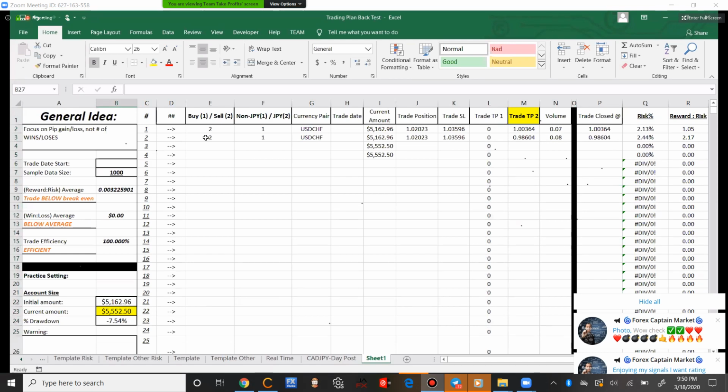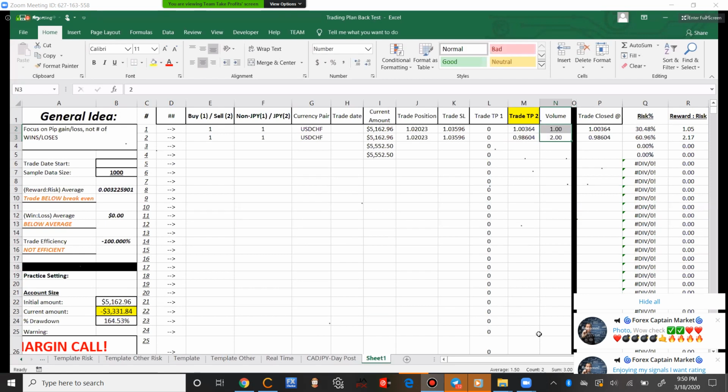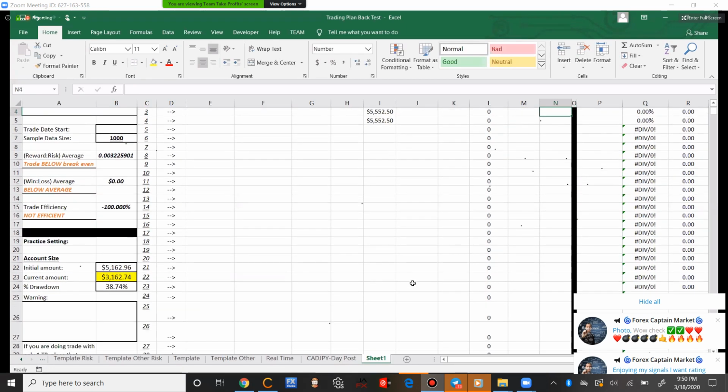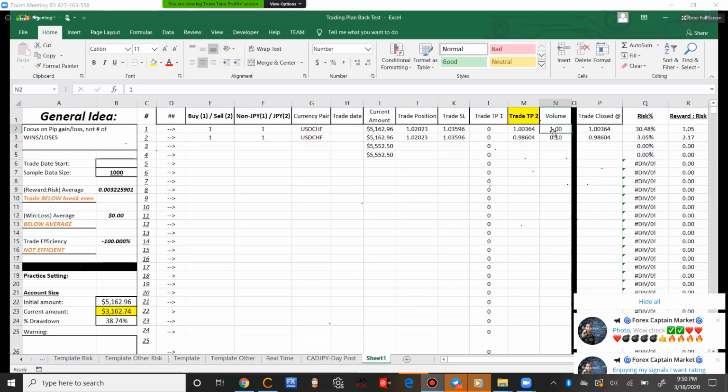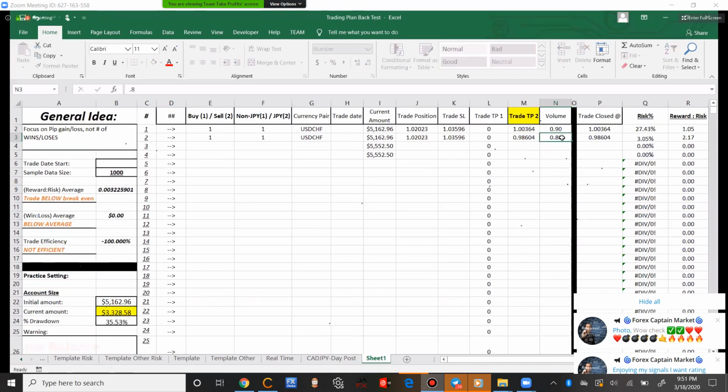And let's say I actually did lose this trade. I'm going to put in an insane lot size. Let's see. I'm trying to make sure this goes as low as possible here. 0.5, 22% drawdown. 0.98.